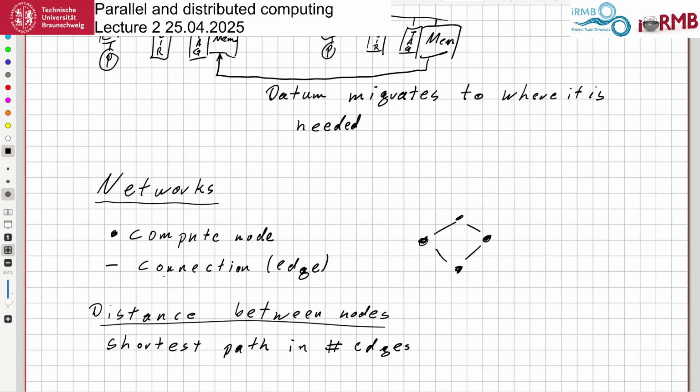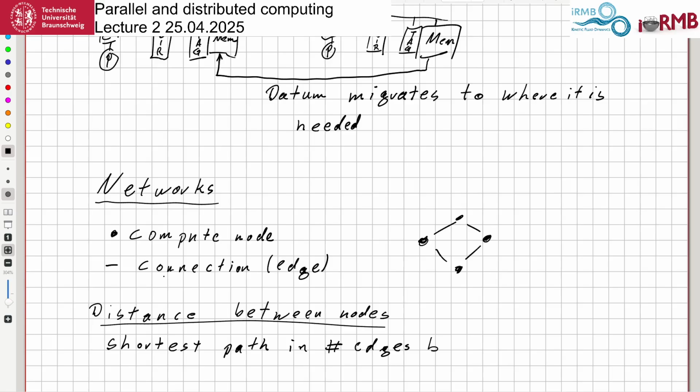So we are not talking about physical distance, even though physical distance matters. Yeah, the physical distance is the length of the cable, not the distance of the computers.